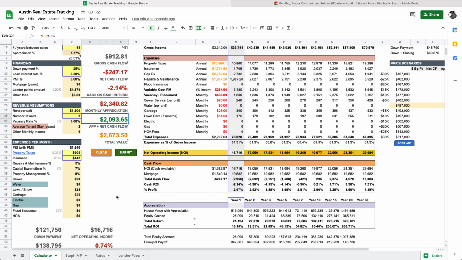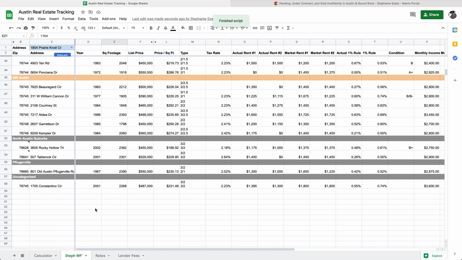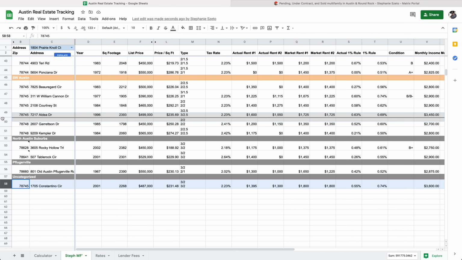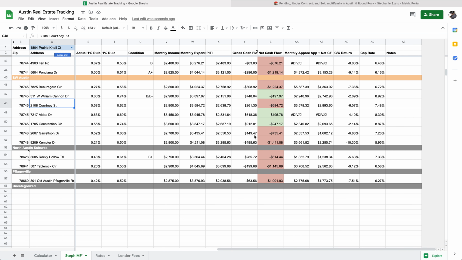I think that covers most of it. I will go ahead and submit this to my form, and then I'll categorize it. It just gets added to the bottom, and then I typically add this to the zip it's in so I can group it with everything else. All the stats I put in basically get saved. What I like this feature for is it allows me to compare the cash flow numbers against all of them and get a really quick reference.